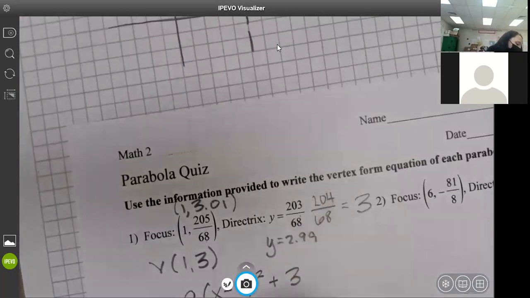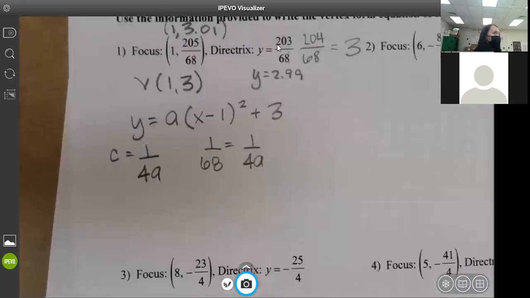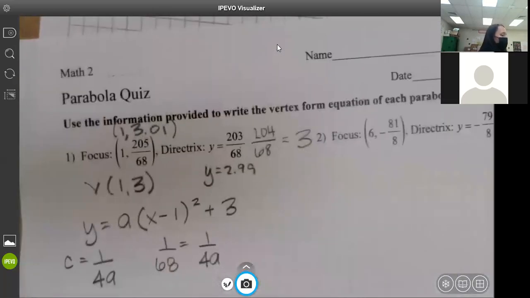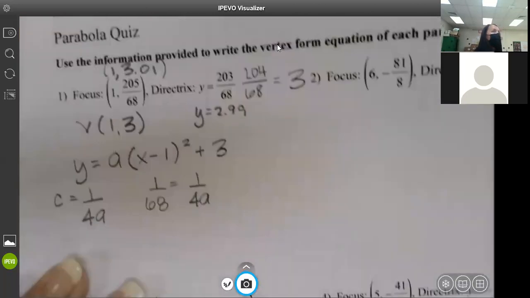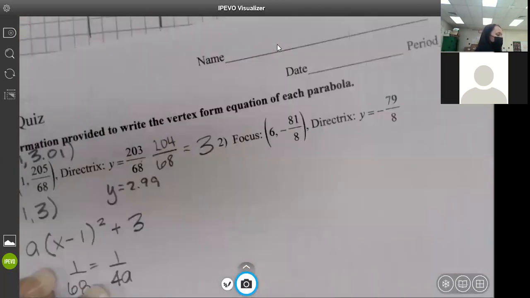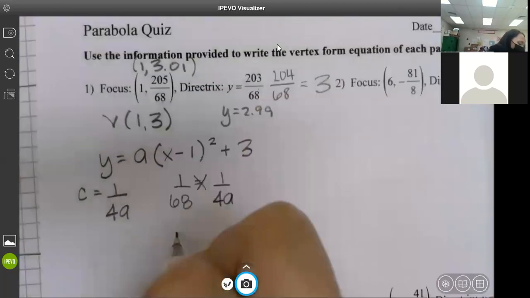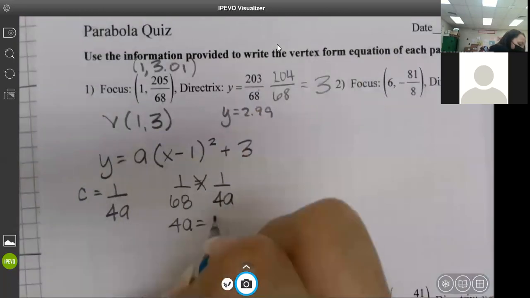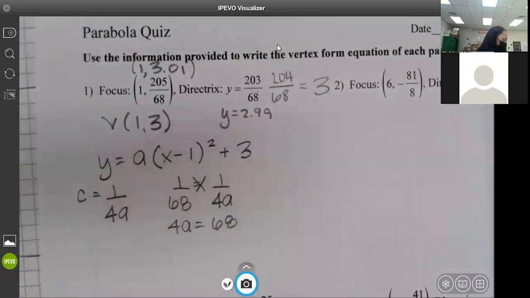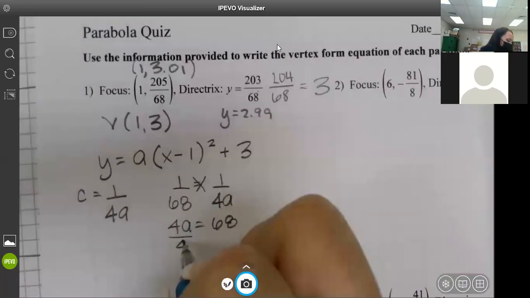So what we're going to have is 1 over 68 equals 1 over 4A. Sorry, the cord's making it fall now. And then how do we solve that? Come on now. How do we solve it? Cross multiply. So we get 4A equals 68. And then divide by 4 and watch what happens.